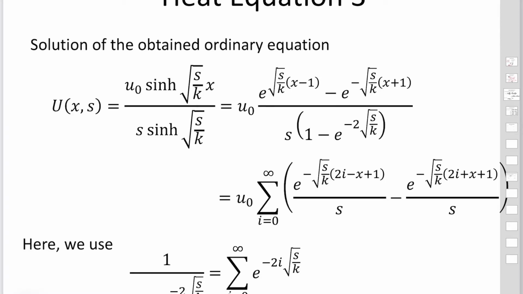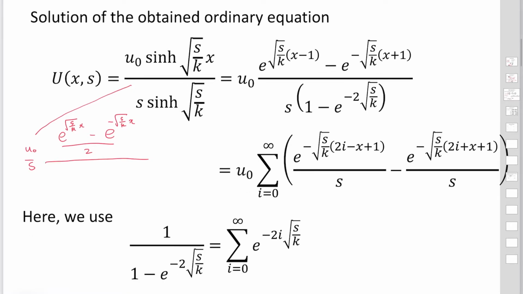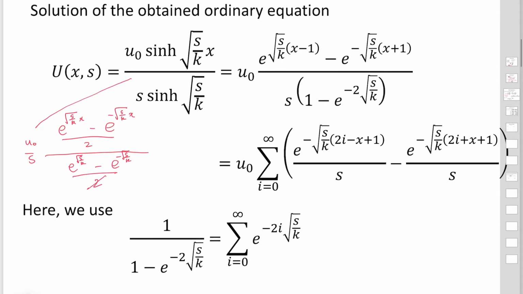So this becomes u sub 0 over s, times exponential of square root of s over k x minus exponential of minus square root of s over k x, over 2. This is a hyperbolic sine. And this is exponential of square root of s over k minus exponential of minus square root of s over k, over 2. And the 2 is going to be cancelled off.